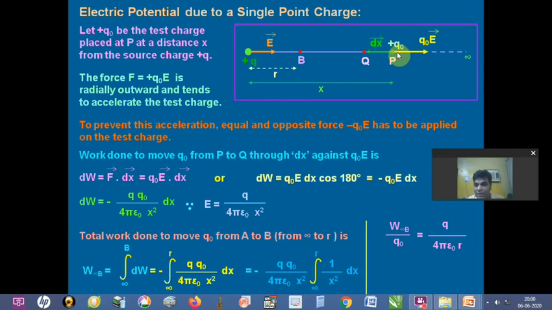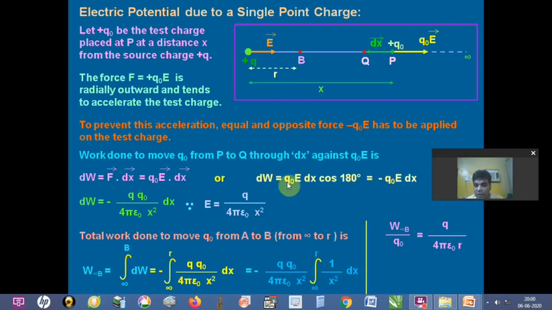Electric field is along the x-axis outward, and the direction of dx is opposite to Q naught E. So the angle between these is 180 degrees here. So we have taken 180 degrees. So cos 180 degrees is equal to -1.